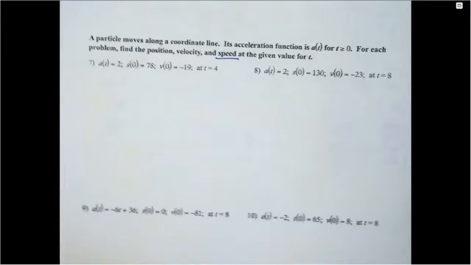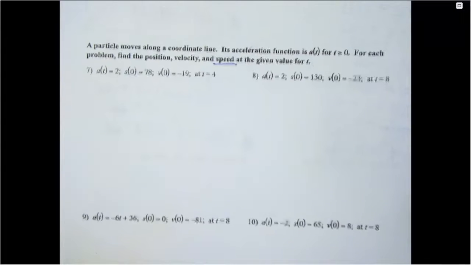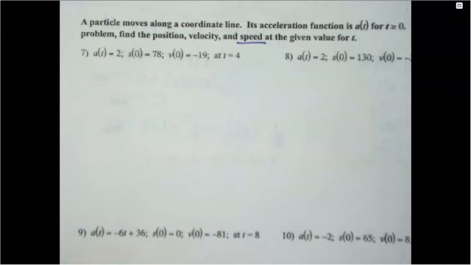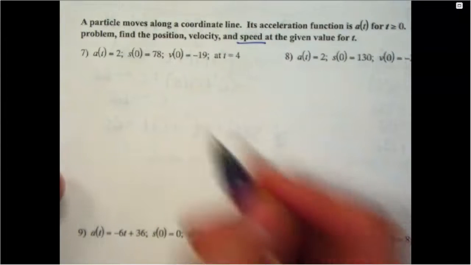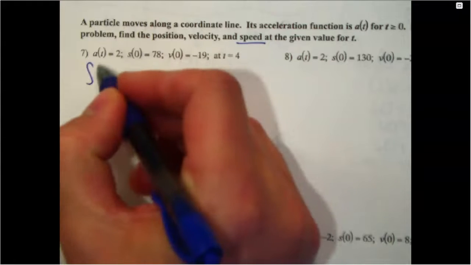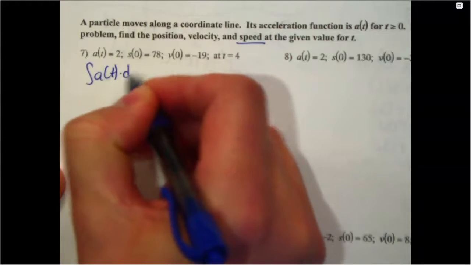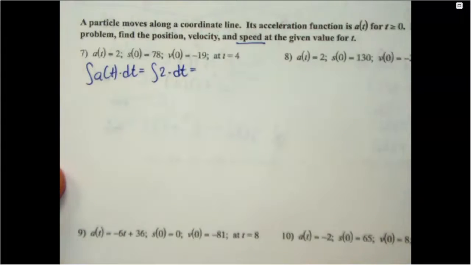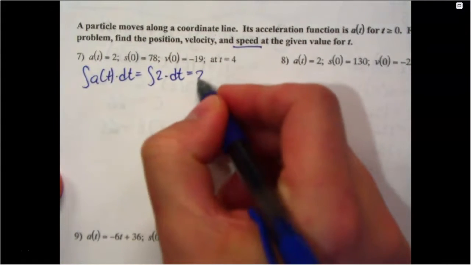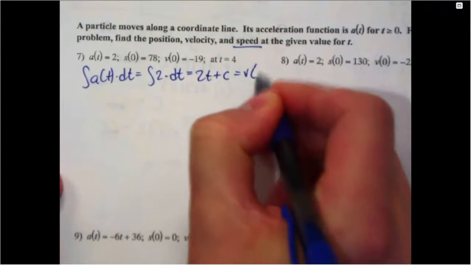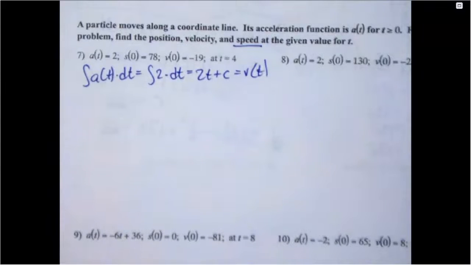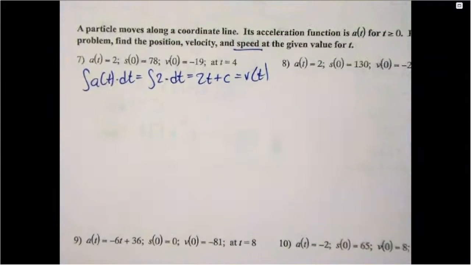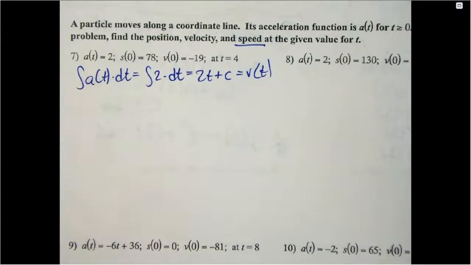So if I do 7 here, I'm going to integrate a of t, integrate 2t plus c, and that equals velocity. Same as the one we just did.